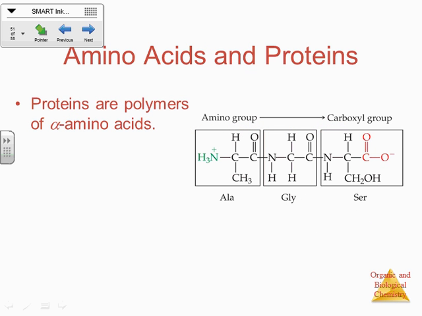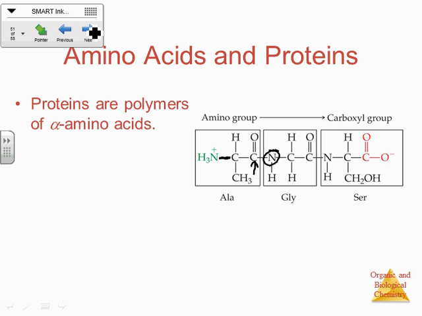Now, amino acids, what you're looking at here is you've got an amino group and a carboxyl group. That's what makes the acid part. So you've got your amine group, and notice here you've got this carbon single bonded to a nitrogen, and then you also have a carbonyl carbon connected to a nitrogen. So we've kind of got an amine and an amide in the same thing.